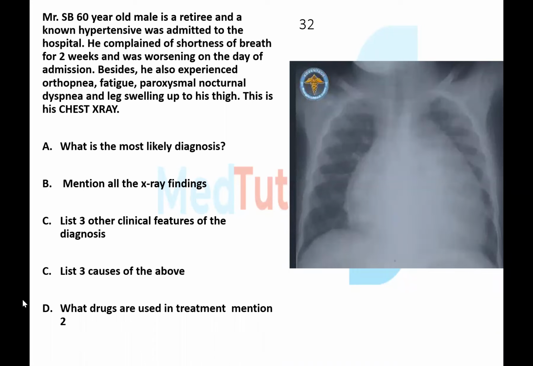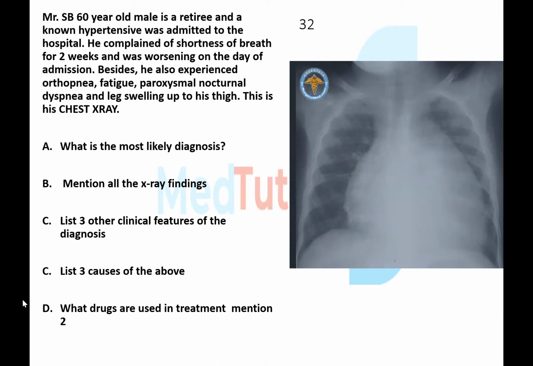So list three clinical features of the diagnosis. What are the other things that you see in this patient? Lower limb edema. Yes, one. If you examine the cardiovascular system, what will you see on inspection, on palpation, and on auscultation?